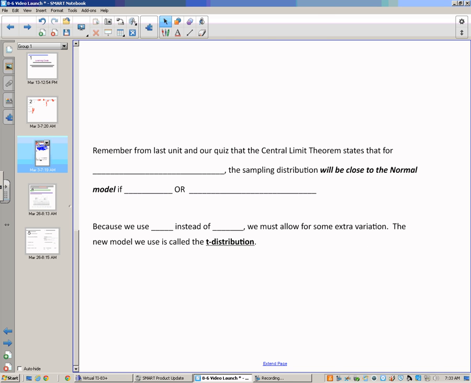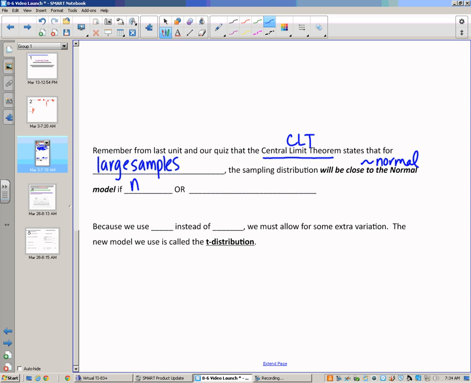Remember from our last unit and from your quiz that the central limit theorem, sometimes abbreviated CLT, states that for large samples, no matter what you're coming from, the sampling distribution will be close to the normal or approximately normal. And there are two ways to check this: if n was greater than or equal to 30, or you were told the data was nearly normal.